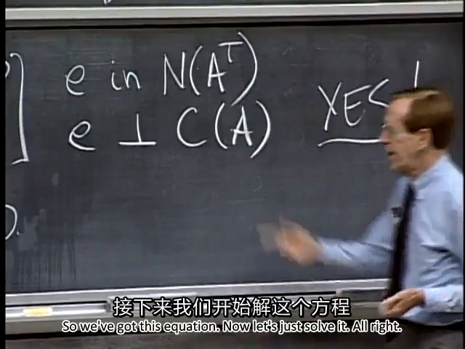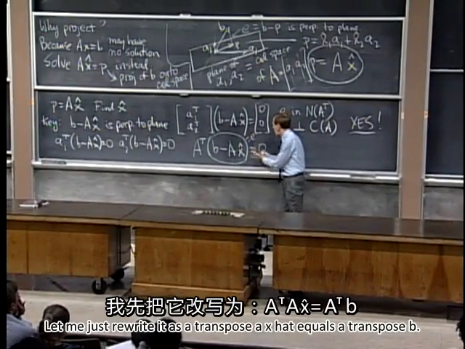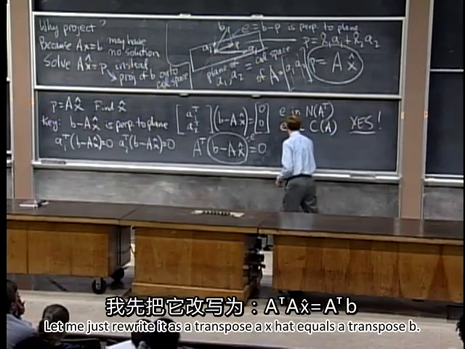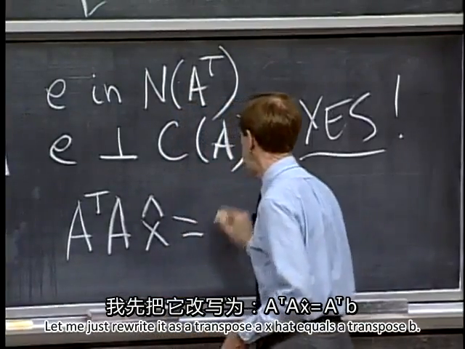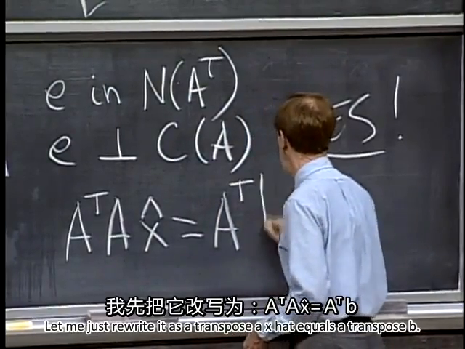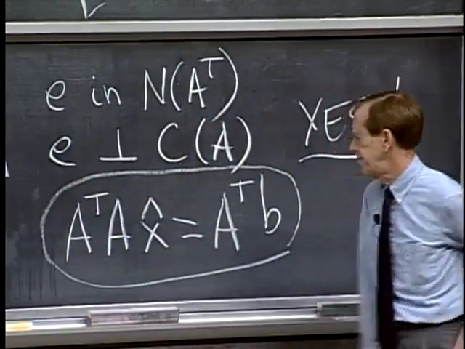So we got this equation. Now let's just solve it. Let me rewrite it as A transpose A x hat equals A transpose B. That gives us x hat.